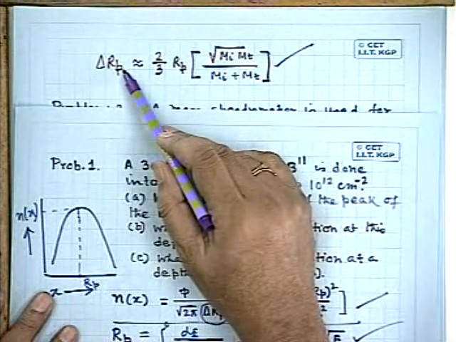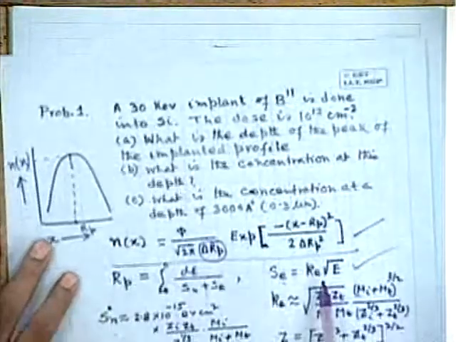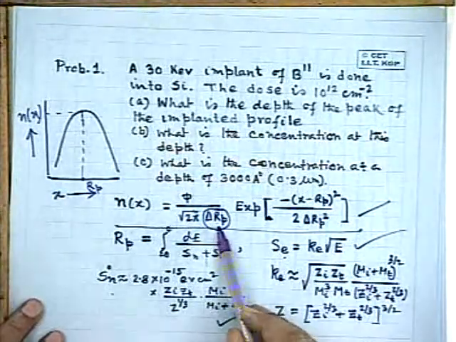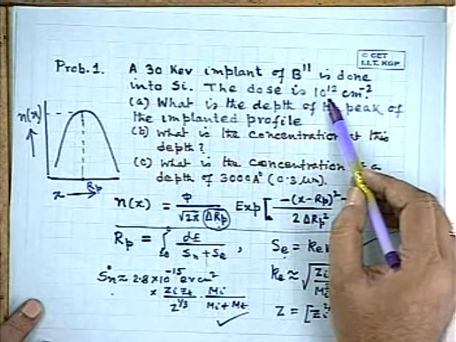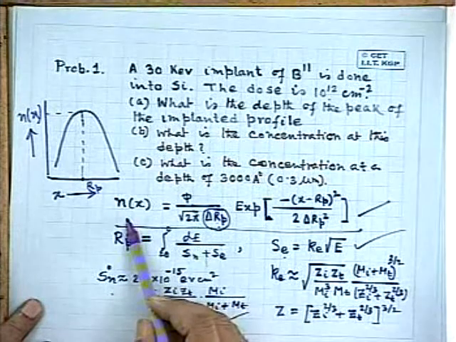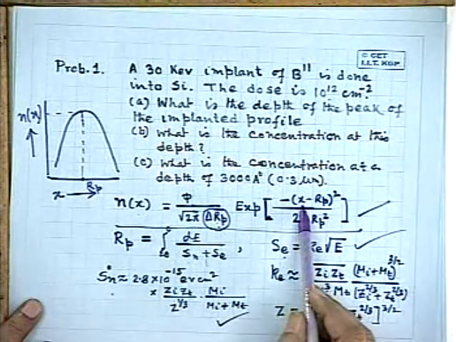So RP known, delta RP known in this equation. Phi is given, how much is it? 10 to the power 20 per centimeter square. So phi is given, and easily you can calculate the nx at a particular x.